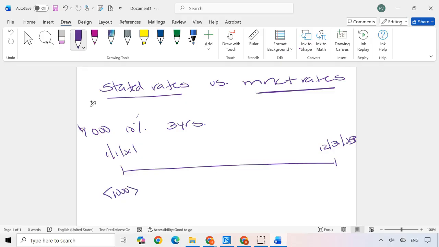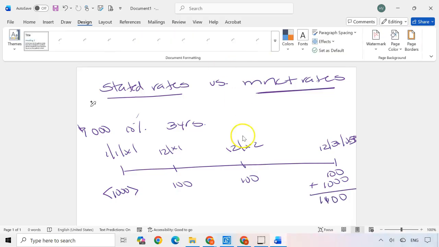You're going to be out $1,000 on January 1, but because it's $1,000 times 10%, on 12/31/X1 and 12/31/X2 and 12/31/X3, Apple will pay you $100 of interest, right? And on 12/31/X3, they're also going to pay you the $1,000 of the face value. So you're going to get $1,100 at the end of the 3rd year.